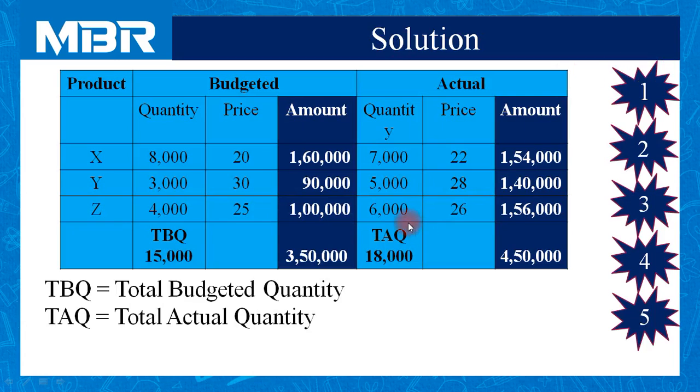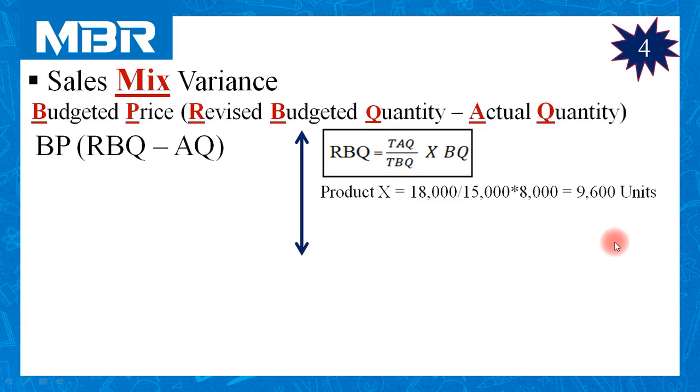For your verification, you can check over here. Total actual quantity 18,000 units divided by total budgeted quantity 15,000 units multiplied by budgeted quantity of product X, that is 8,000 units, for the calculation of revised budgeted quantity for product X, 9,600 units.